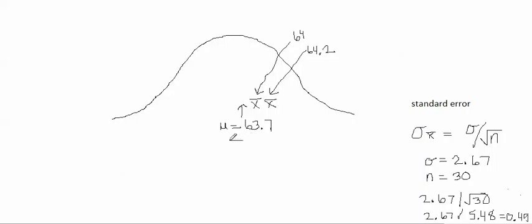And then what we could show here is that a sample mean that's 0.5 below the population mean, meaning one standard error below, would have a z-score of -1.